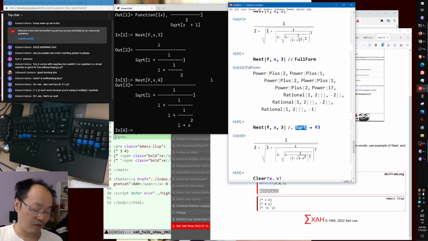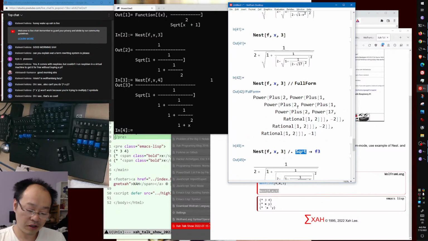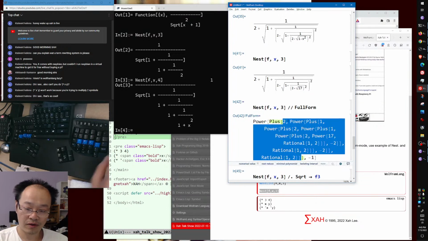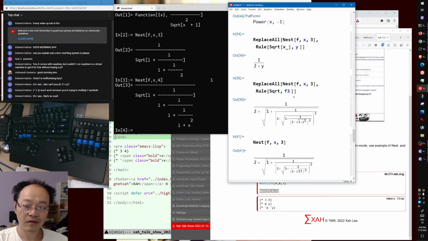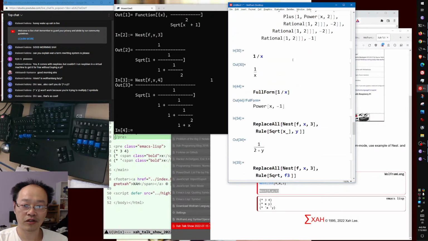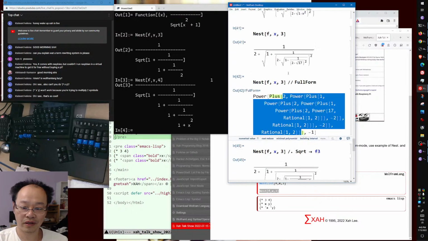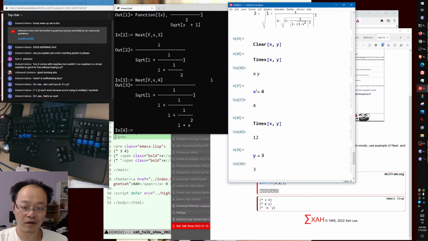This is important. That's why I mentioned before, when you do computation, especially when you get advanced into pattern matching, you have to know what the actual full form is, not the shortcut expression, like 1 plus 2. All these are shortcuts.